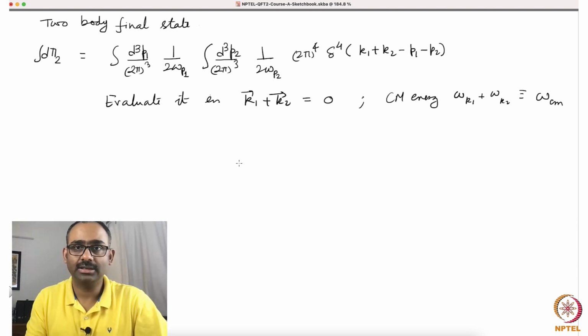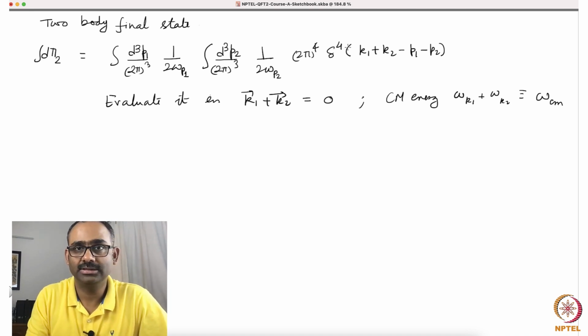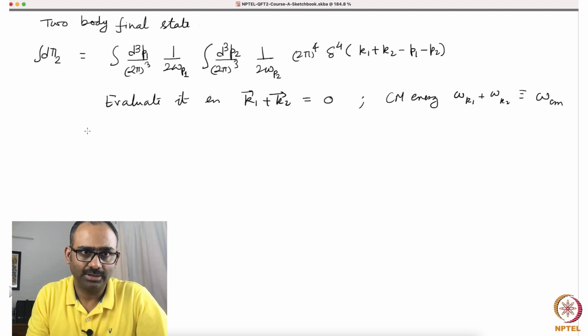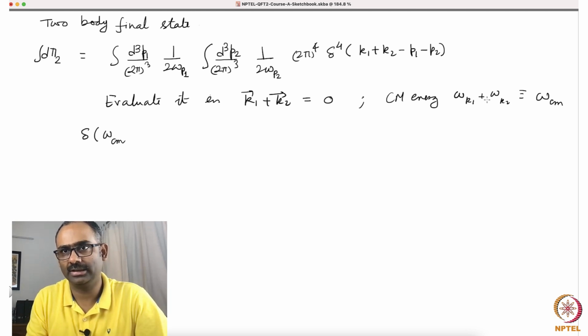Now, if I look at this delta function in the center of mass frame, these are 4 delta functions. I will write the delta function corresponding to energy and the momenta separately. So you will have delta of omega Cm, that is K1 0 plus K2 0, which is omega K1 plus omega K2, and in the center of mass frame this should be equal to omega P1 plus omega P2.